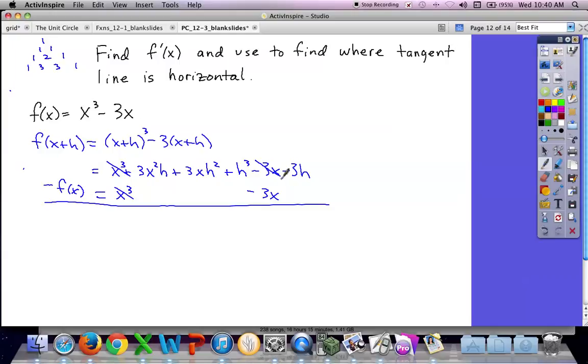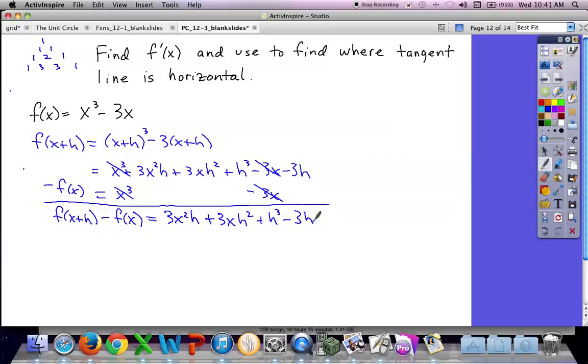The negative 3x cancels. And now we've got f of x plus h minus f of x equals 3x squared h plus 3xh squared plus h to the third minus 3h.